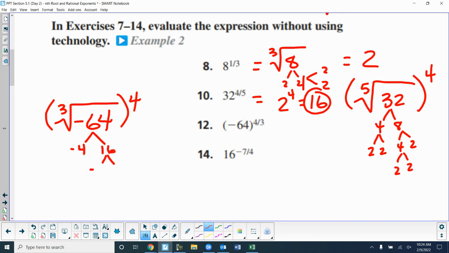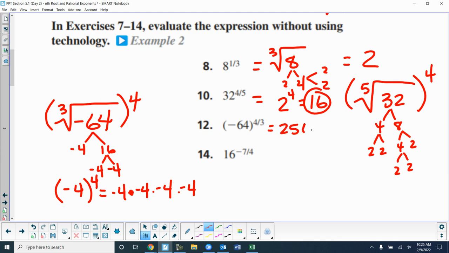And I could write positive 16 as 2 negative 4s. So do I have 3 of something? Yes. So that's negative 4 to the 4th. So that's negative 4 times negative 4, which is 16, times negative 4, which is negative 64, times negative 4 is positive 256, right?